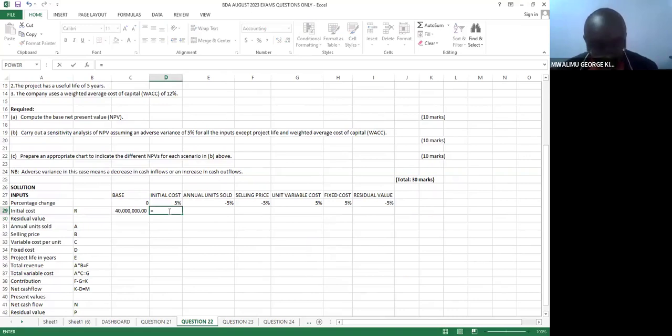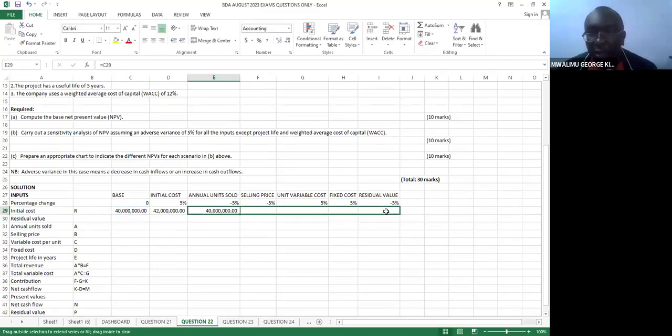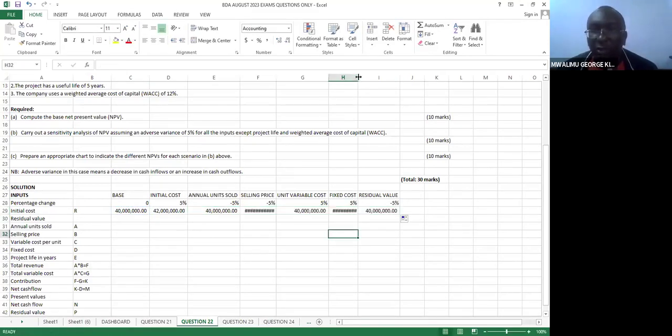So it's going to be equals to this value here times, open the brackets, 1 plus this cell here, close the brackets, enter. That way. Then the others, because this is not changing, we just copy the base value here, and then we quickly copy there. So there they will not change.